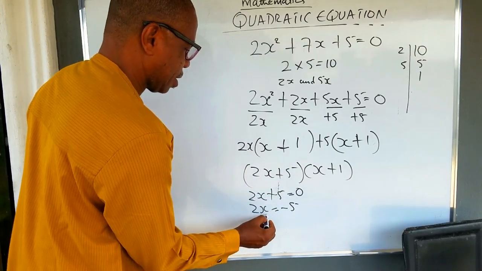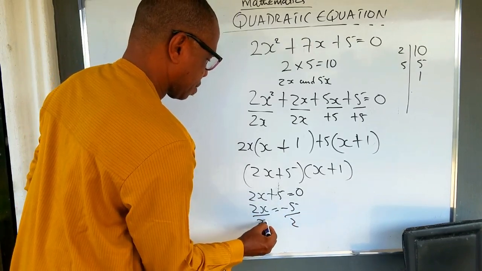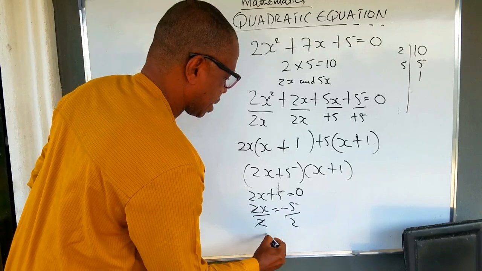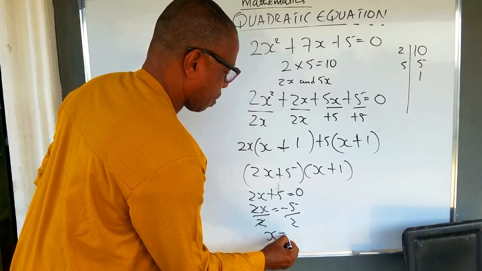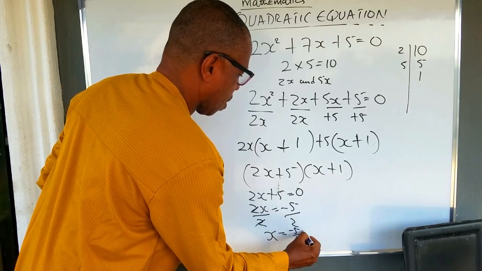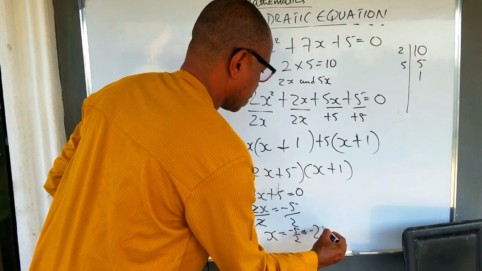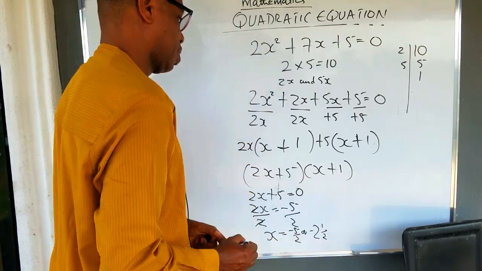Then to bring out x, divide both sides by 2 and 2, so that x is actually equal to minus 5 over 2, or minus 2 whole number 1 over 2.